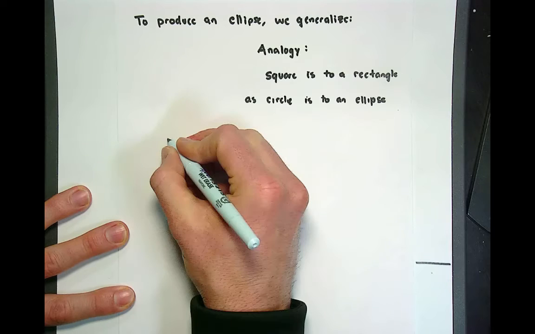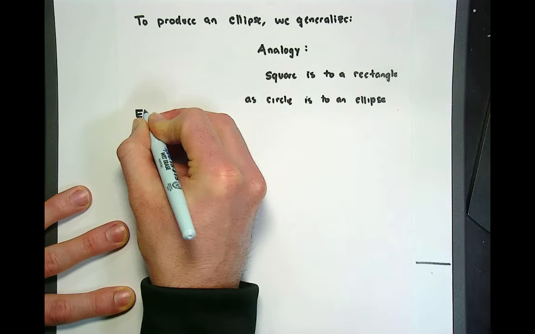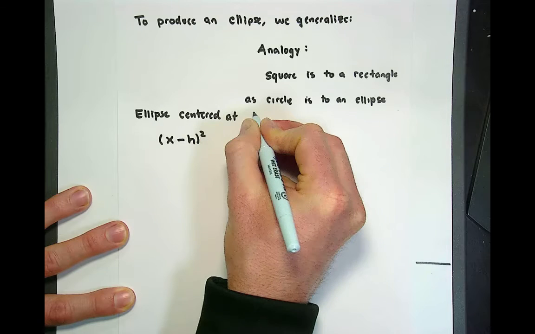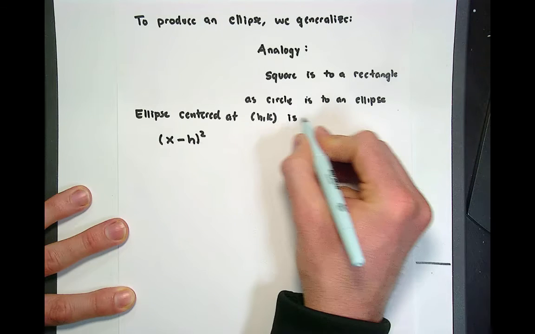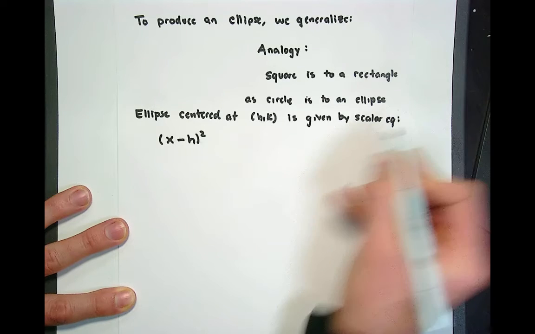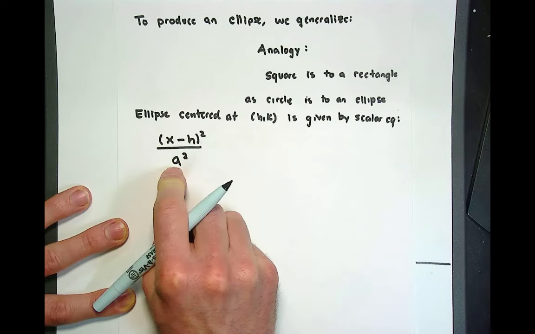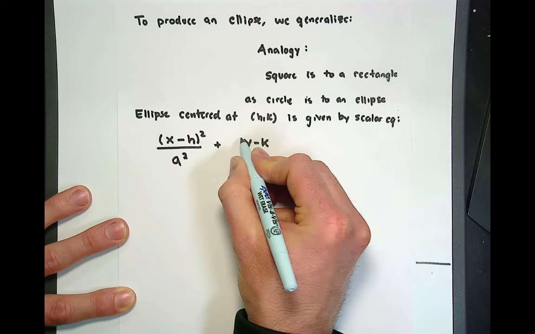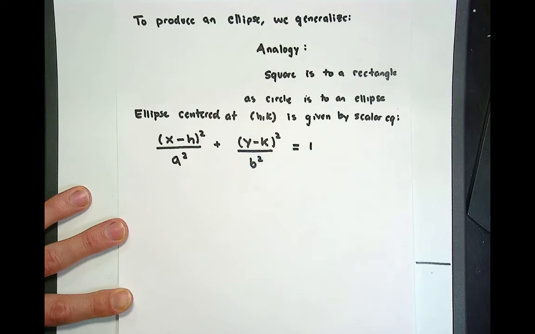So, okay, but the equation for the ellipse goes like this. We still have a center point, so this is going to be called an ellipse centered at h comma k, given by a scalar equation: x minus h squared divided by, instead of r, we're going to let this one be called a, plus y minus k squared divided by, instead of the same r, we're going to let this be called b, equals 1.